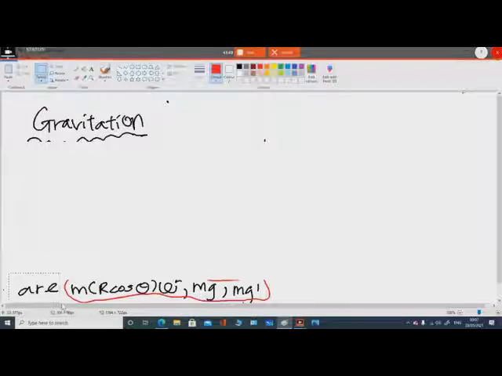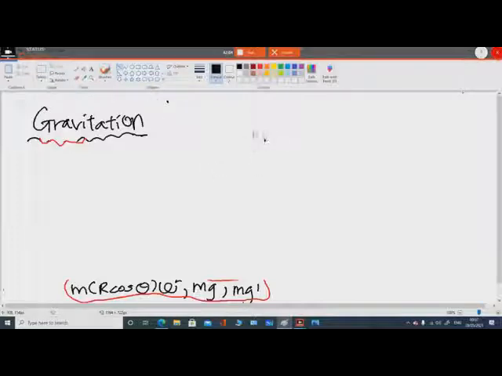So as we know, there are three components of force acting on this mass.